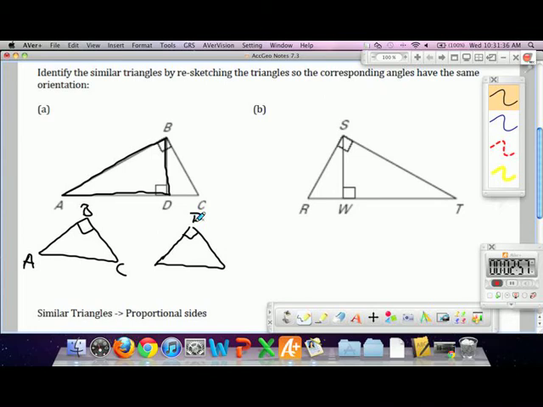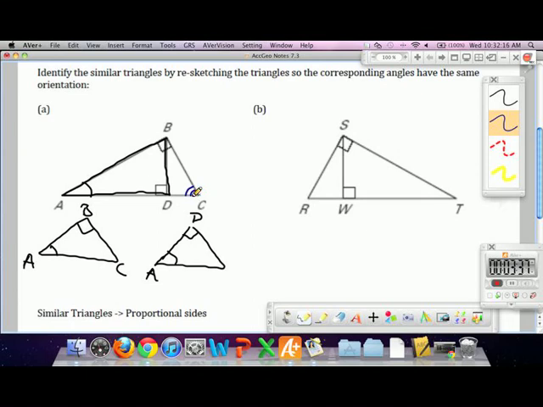What angle in my medium-sized right triangle corresponds to angle A in the large right triangle? Joel? It's still A. Yeah, they're shared, right? This is still angle A. So then by the third angle theorem, what angle has to correspond to angle C in my medium-sized right triangle?